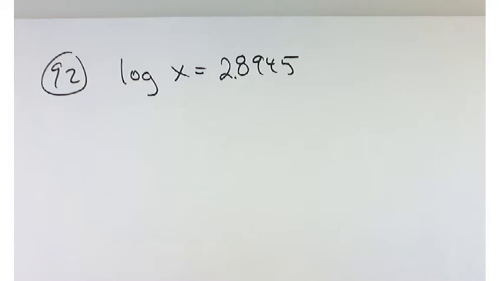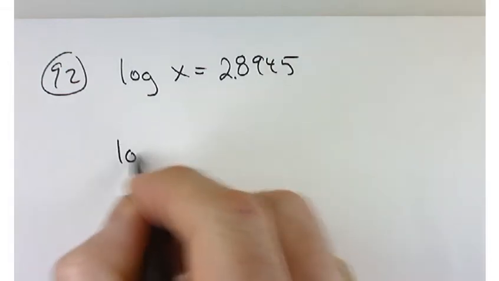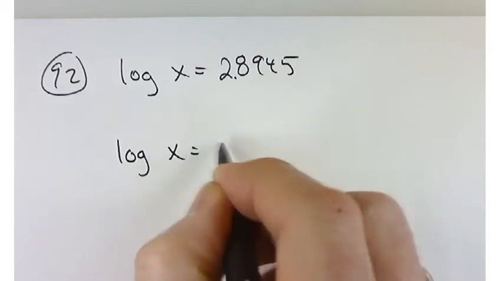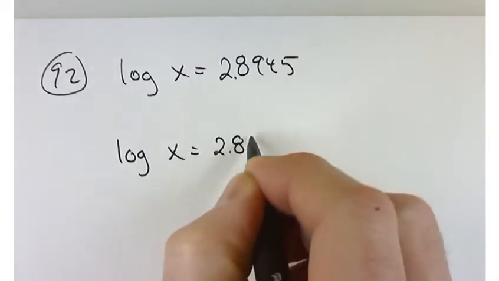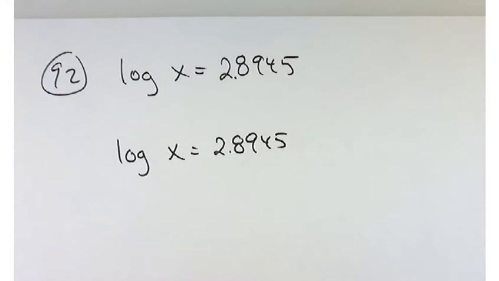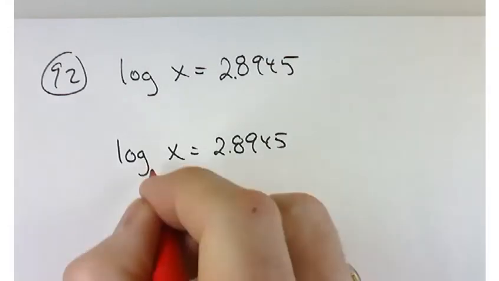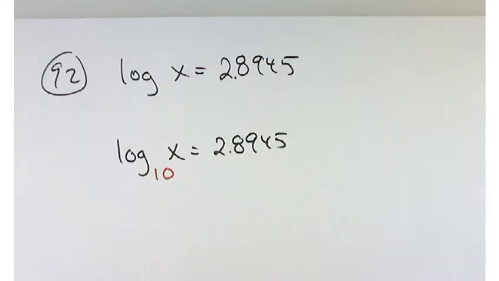Well, how are we going to work on this one? What are we going to do? Excellent. Yeah, we've got to remind ourselves that the base, even though it's not written, is 10. And boy, if you put that 10 there, this problem all of a sudden becomes very, very doable.